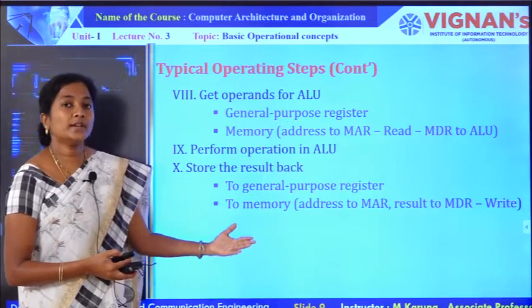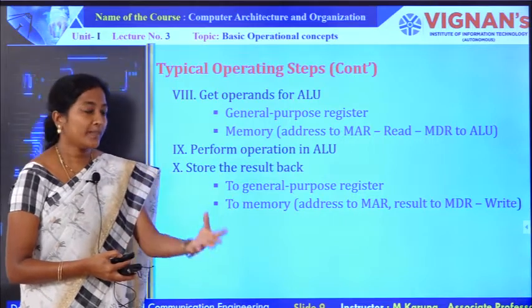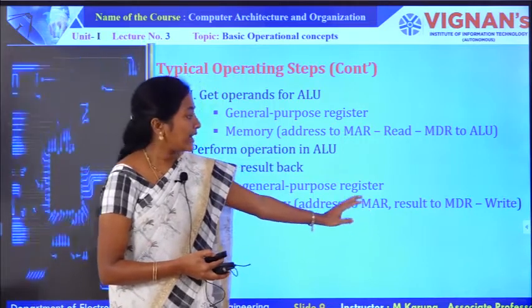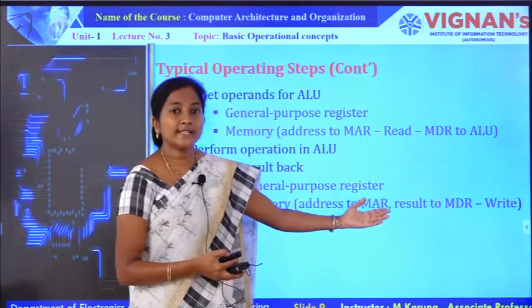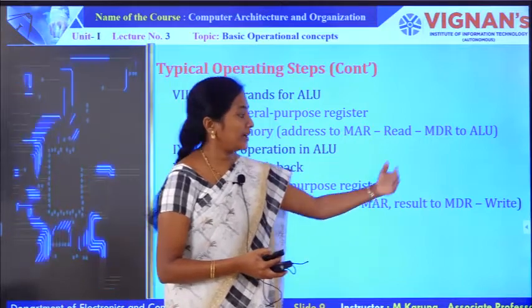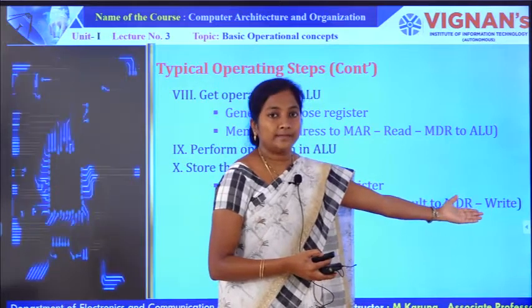To store the data in memory, first the processor needs to send the address. So that's what MAR is used for here. After that, whatever the processed data in the MDR will be transferred to the memory by the control unit issuing the write signal to the memory.